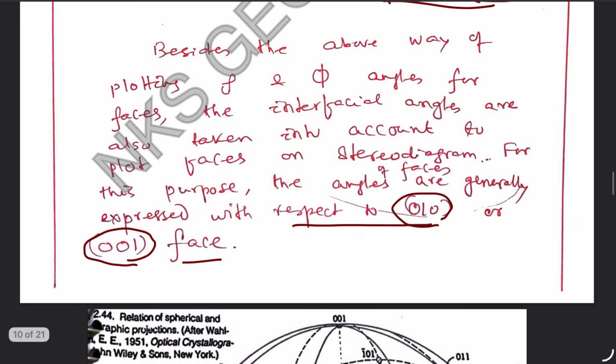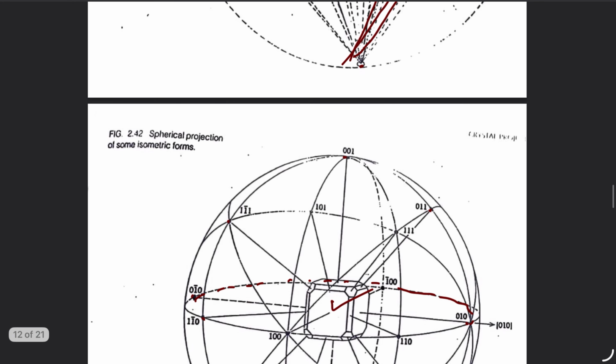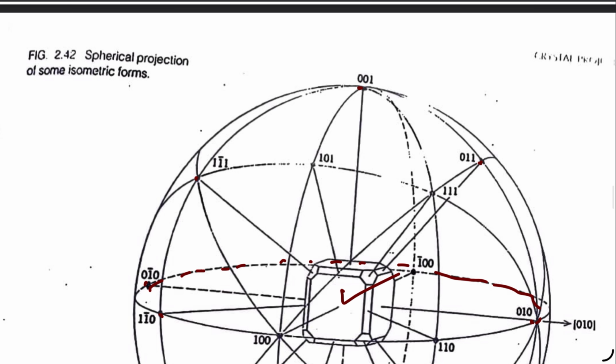So these points represent the faces, and they are the plottings in the equatorial plane, or the stereographic plane. Together, all those poles constitute the stereographic projection of the crystal.